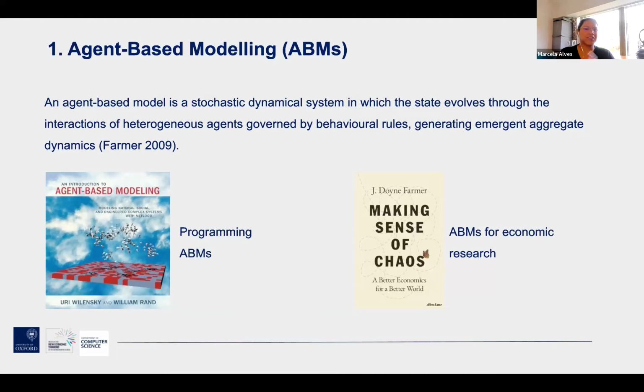So it's these stochastic models where the agents follow specific rules, but they are also dealing with probability, and we see emergent behavior.